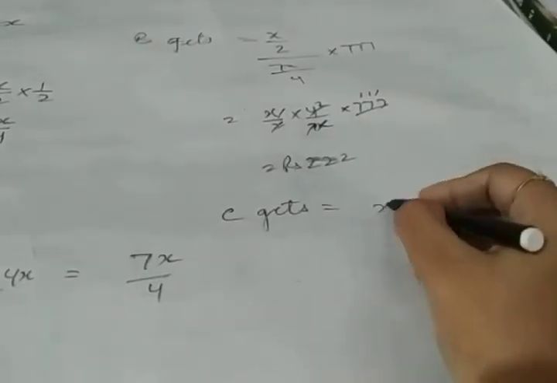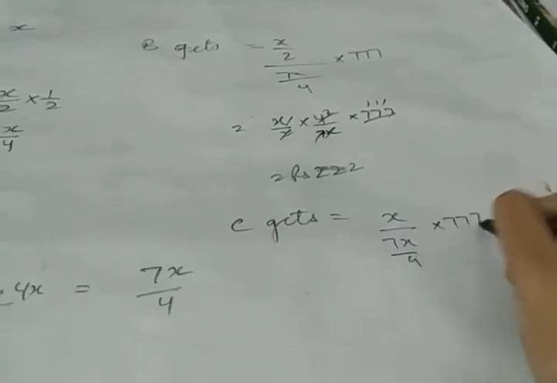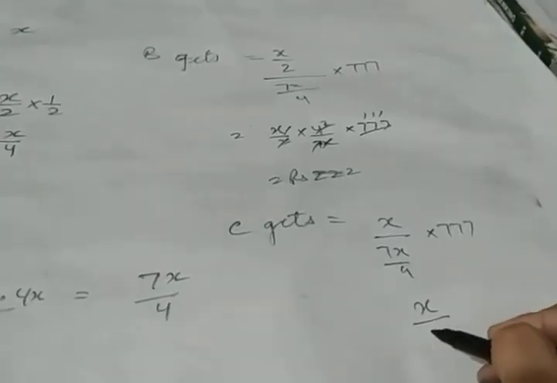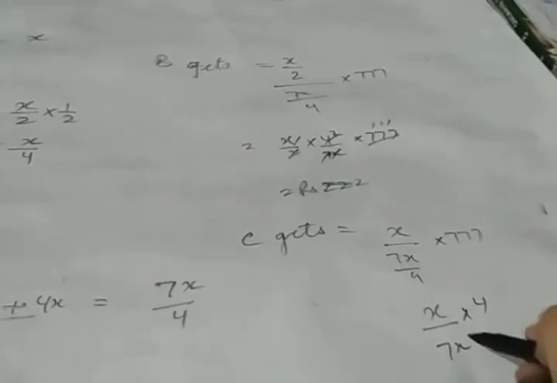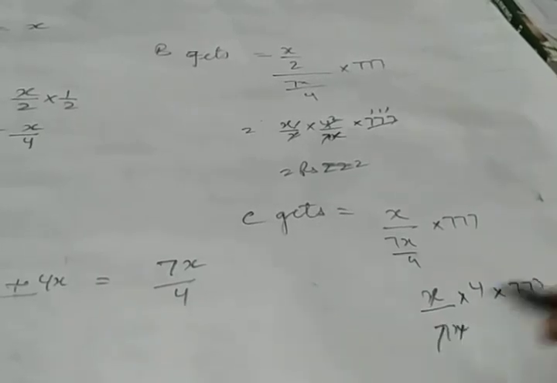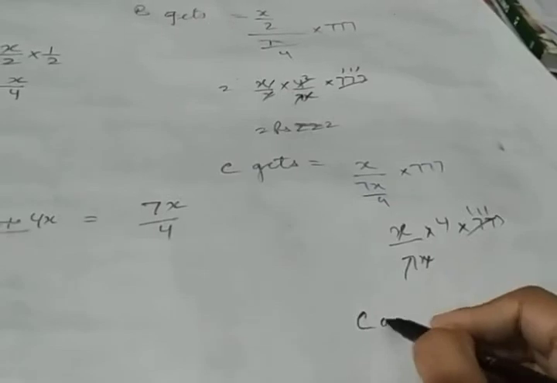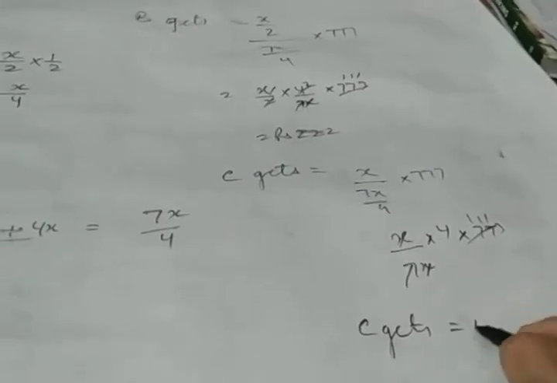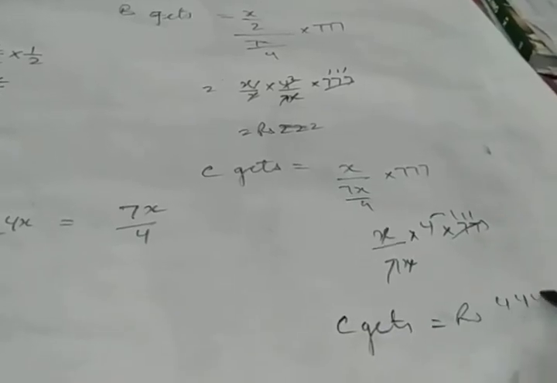Similarly, C gets X upon 7x upon 4 into 777. X will be cut and 7 ones are 7. C gets rupees 4 ones are 4, 444.